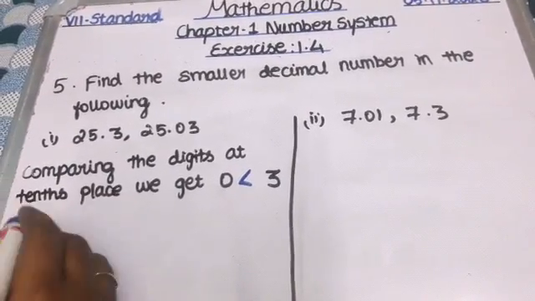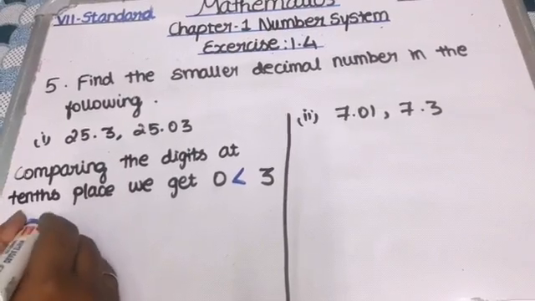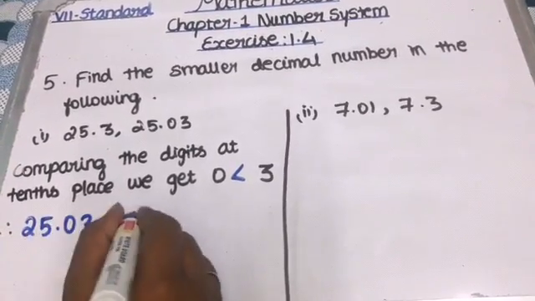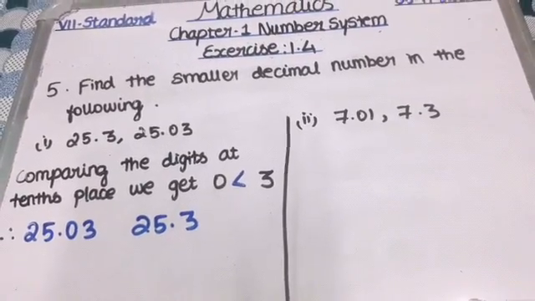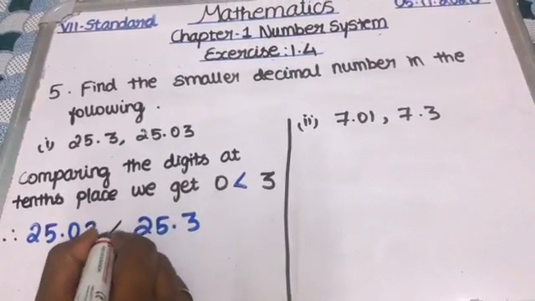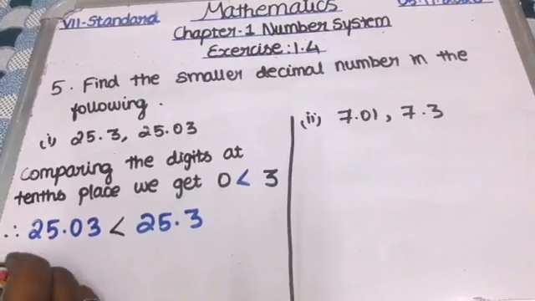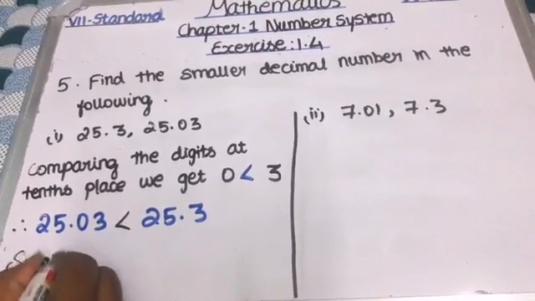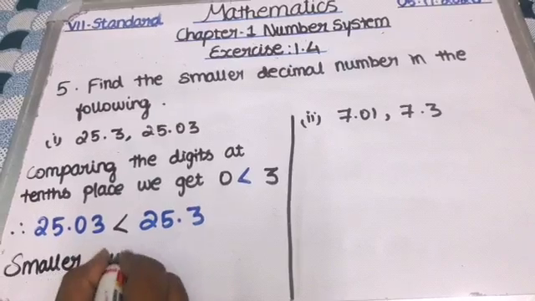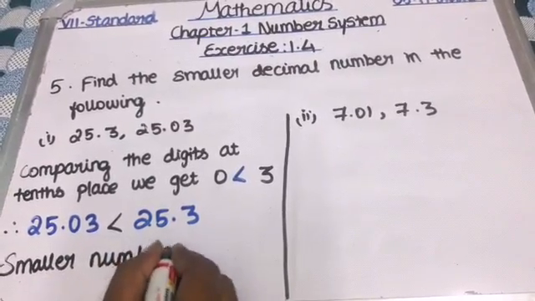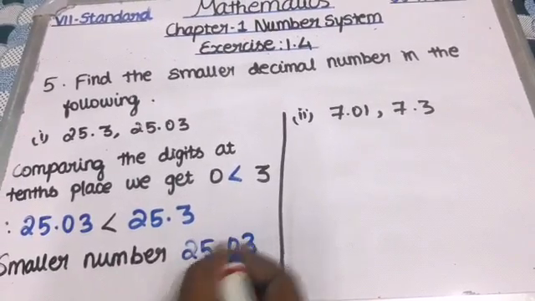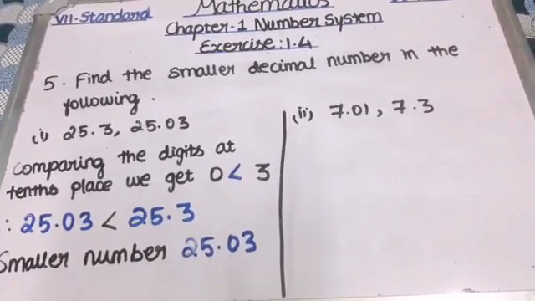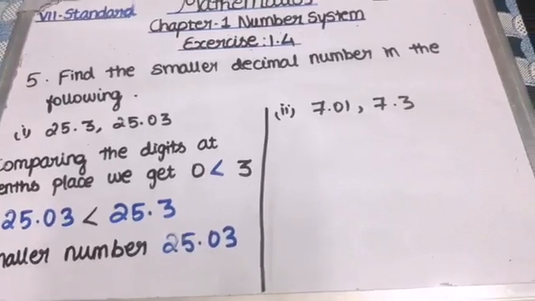Now as the question we can take 25.03 and 25.3. Which is smaller? 25.03 is smaller than 25.3. So we take the smaller number as 25.03.